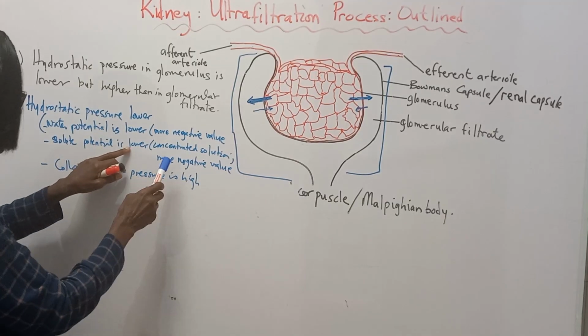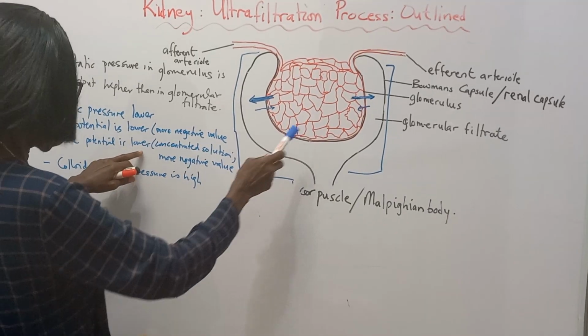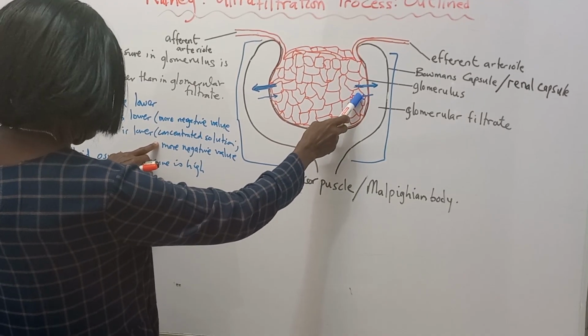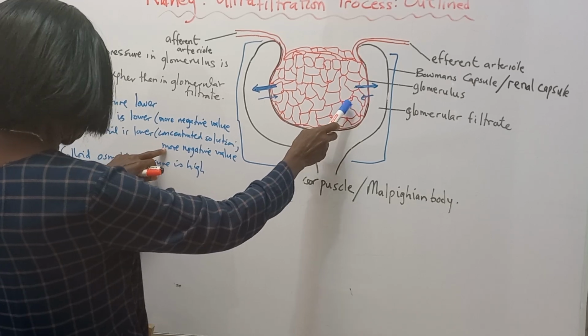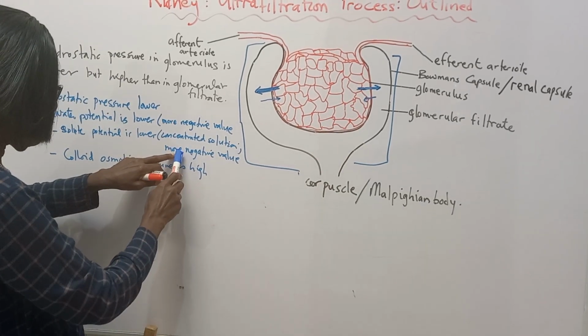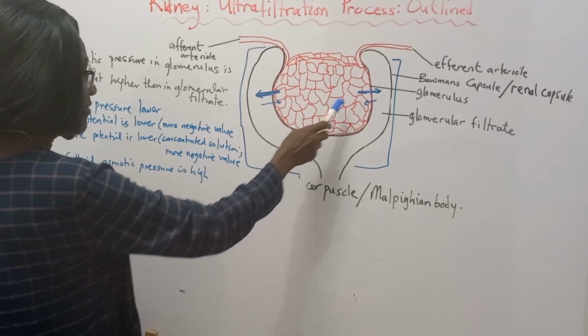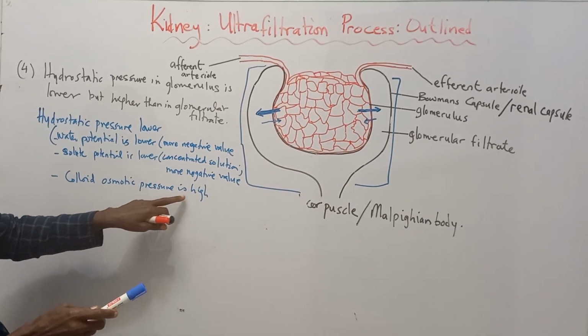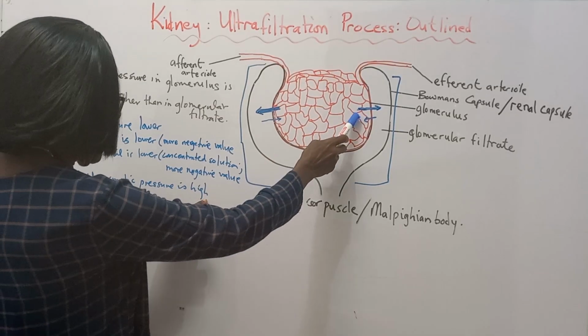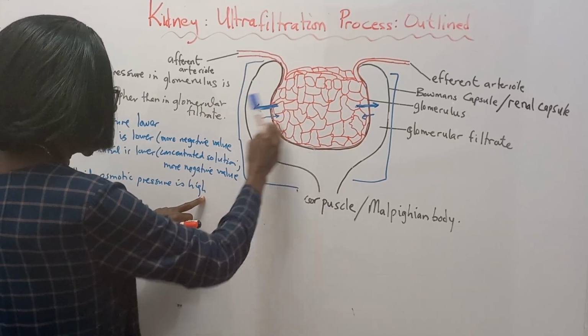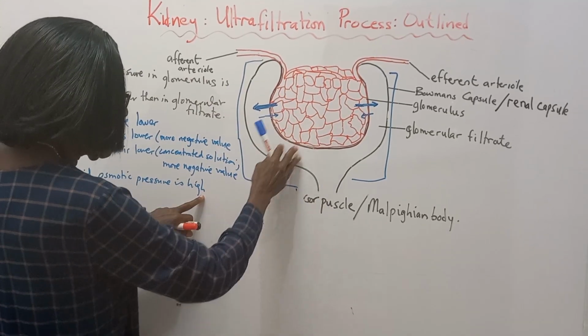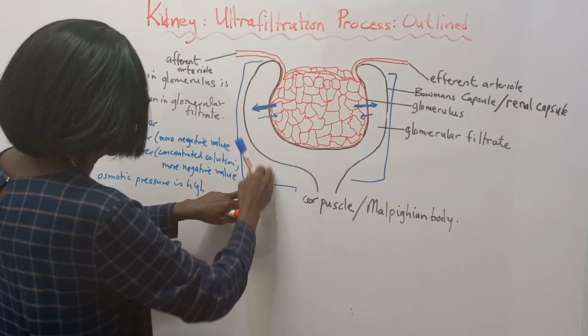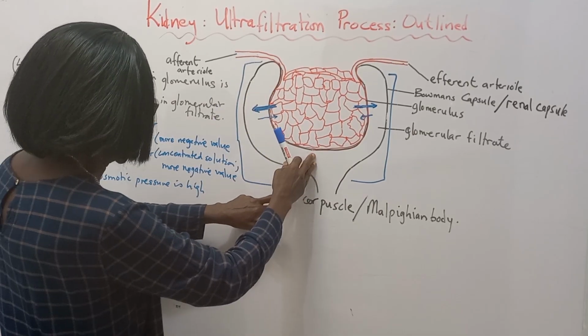And then solute potential is also lower because the solution in the blood becomes more concentrated, and more concentrated solution means more negative values. And then in this same area, the colloid osmotic pressure is very high because water was lost from the glomerulus.